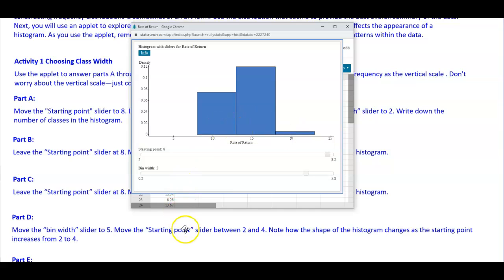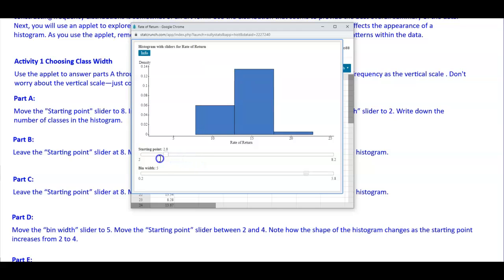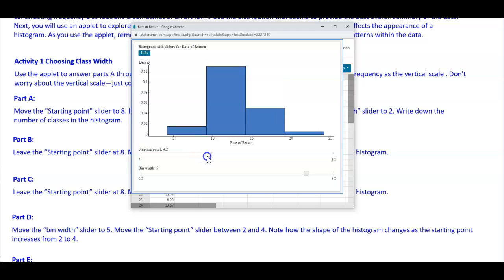Okay, and then now we're going to move the starting point slider between 2 and 4. So we're going to move down to here. Okay, so here is 2, right? So there we have 3 classes, and now we're going to move it to 4. So we're going to move it in between 4, and what's happening when it's in between 4? Okay, what happened now is it created 4 classes.